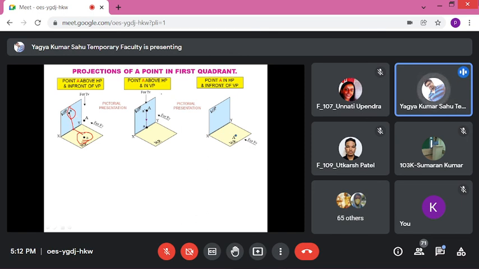Now suppose the point is lying on VP and above HP. So what about the projection, front view and top view? The point is lying on the vertical plane. So where will be the projection of that particular point, in the top view and in the front view?